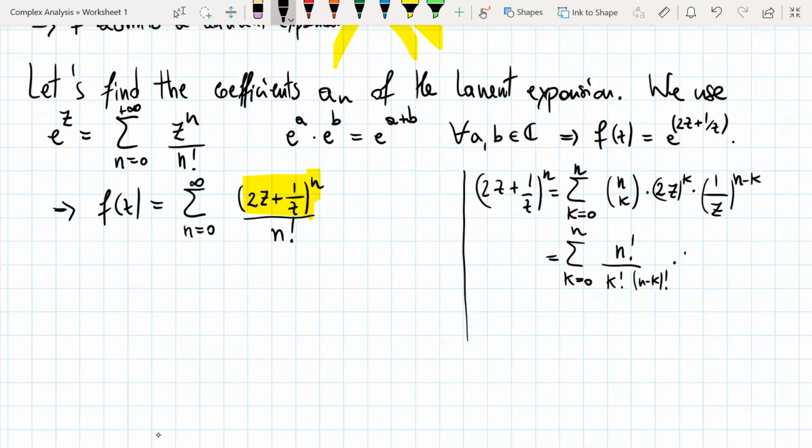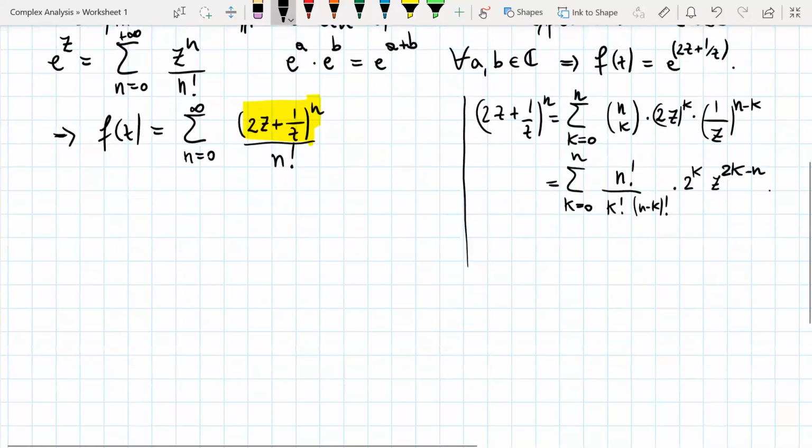Then here we have 2 to the k, and here we have z to the k times z to the k minus n. And we can put this all together, and it comes to z to the 2k minus n. So let me write it already. 2k minus n. Okay, so we have this formula, we can substitute it back.